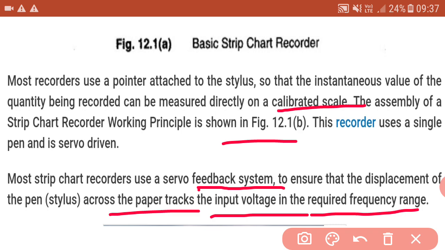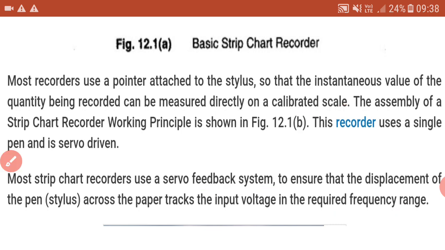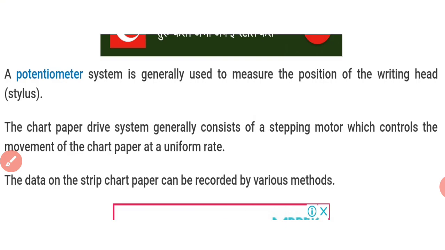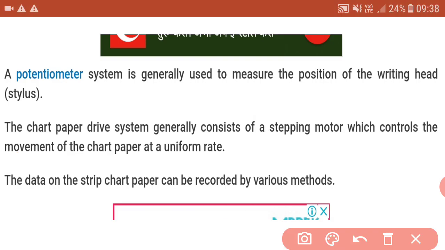It means we have to change the input according to our requirement. Now a potentiometer system is generally used to measure the position of the writing head or stylus.